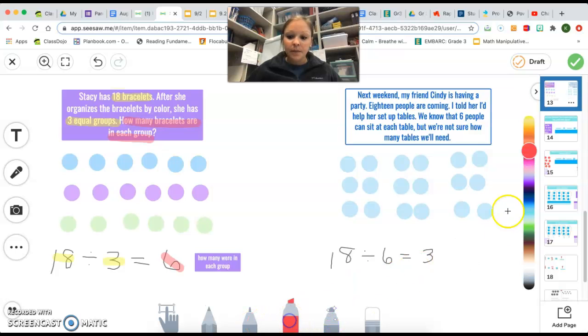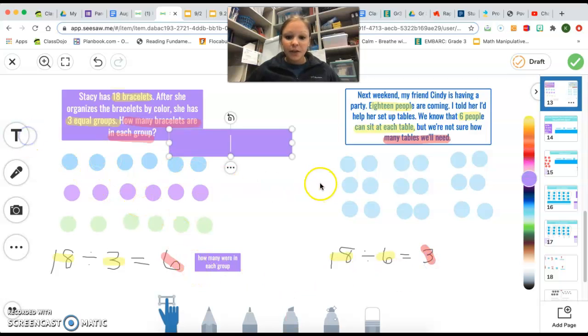So here we knew the total was 18 because it told us 18 people were coming. We knew that 6 people were going to be able to sit at each table. But what we didn't know was how many tables we'd need or how many groups. So for this one we needed to know how many groups.